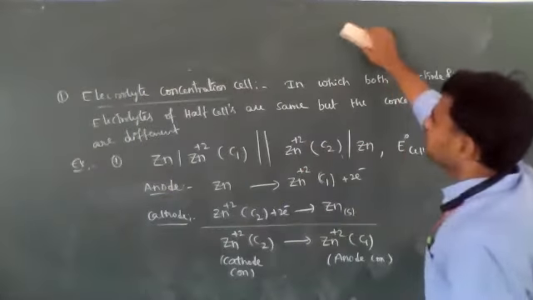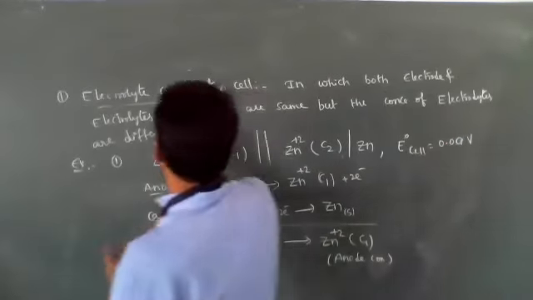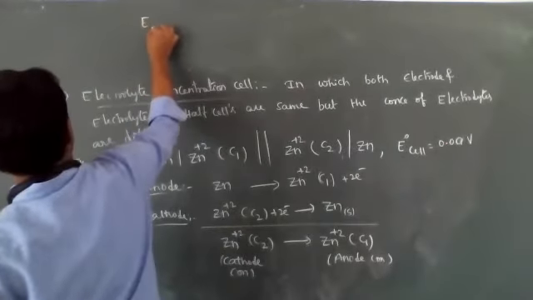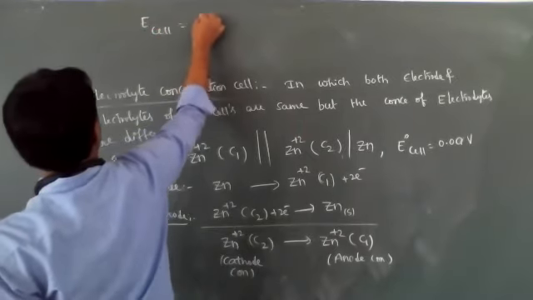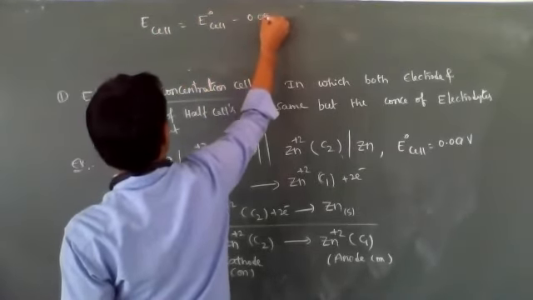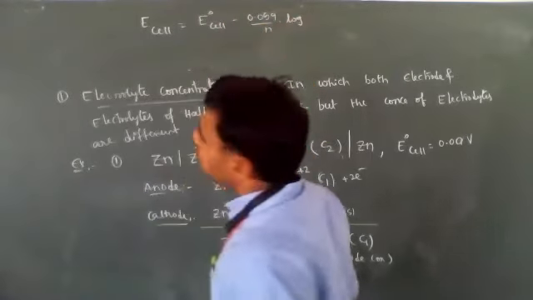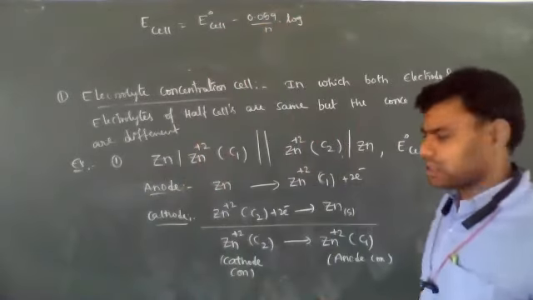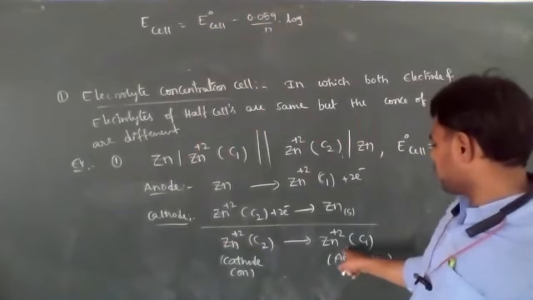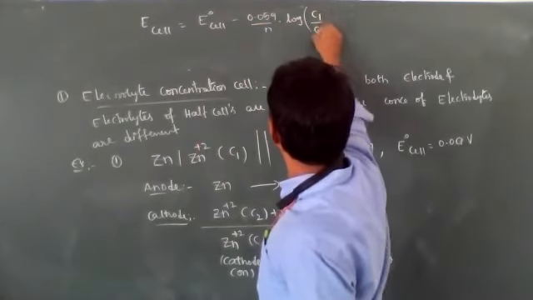So what is the EMF formula? For electrolyte concentration cells, according to the Nernst equation, E cell is equal to E0 cell minus 0.059 by n into log of the concentration of products over reactants, which is C1 by C2.